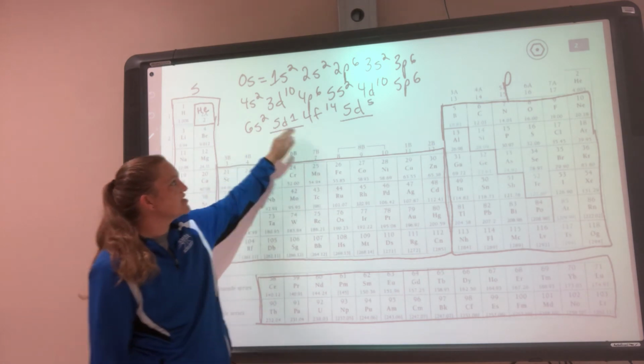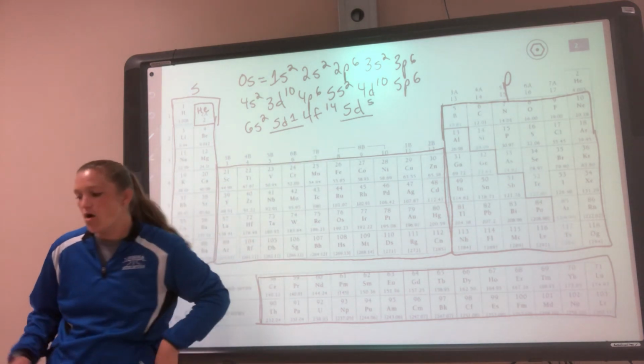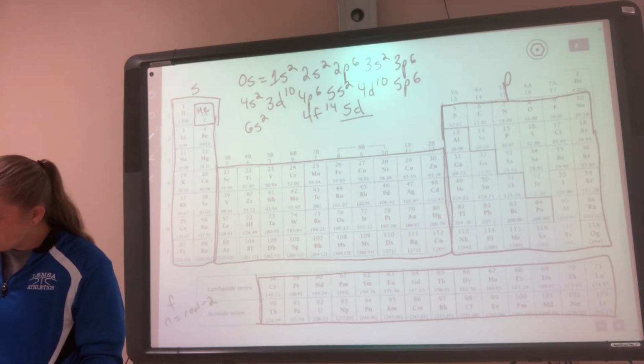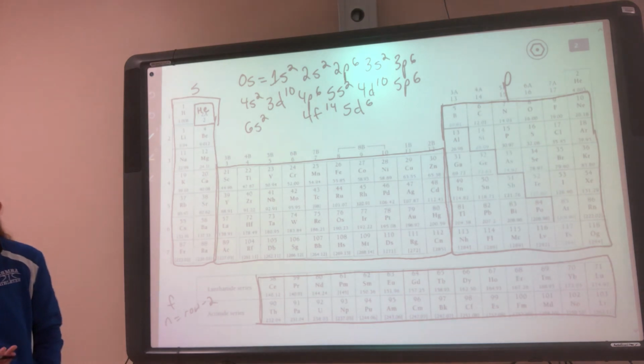We don't want to leave it separated like this. So what we would do is move this guy and put him over here. So it's whatever makes it easier for you to remember, but that's how it would look.